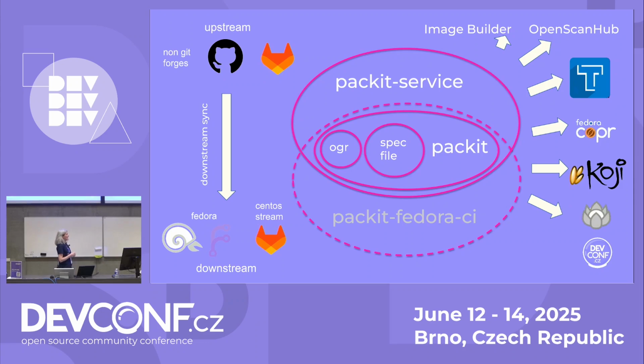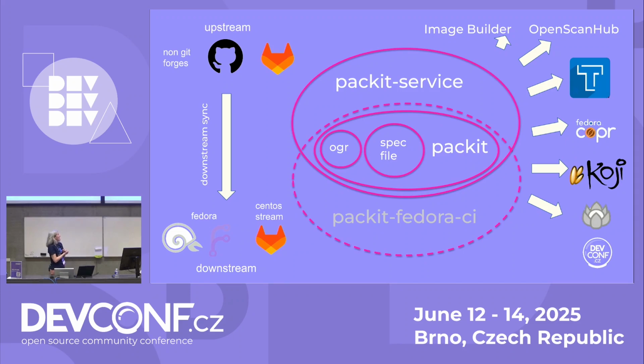We can take this metadata from different upstreams, both Git forges like GitHub or GitLab, but also from non-Git forges. And we can automate downstream releases both for Fedora on Pagure, but we are already working to support Forgejo. And we can also release packages in CentOS Stream on the GitLab downstream.